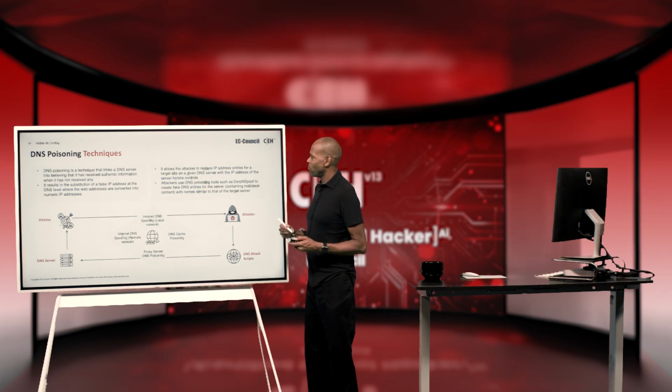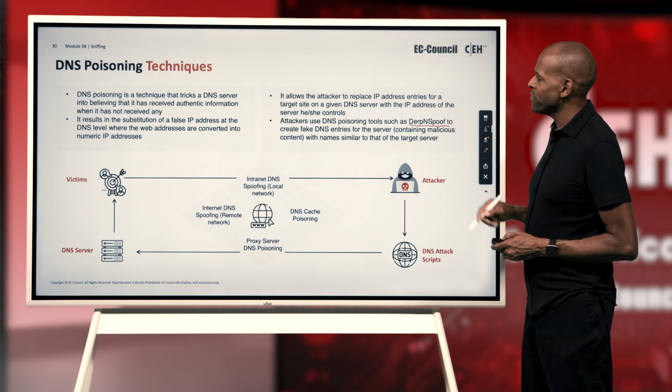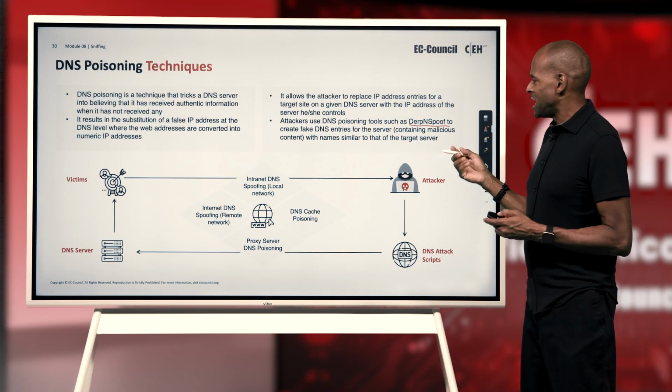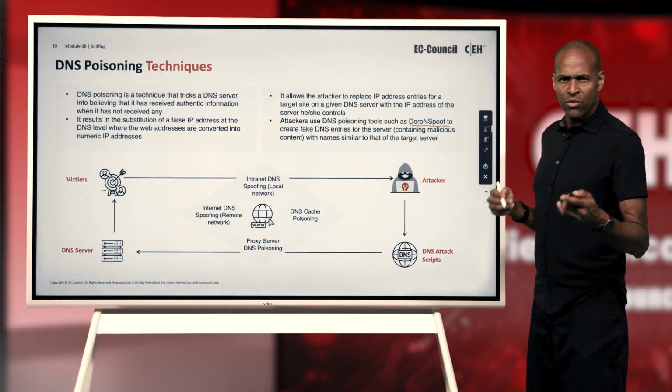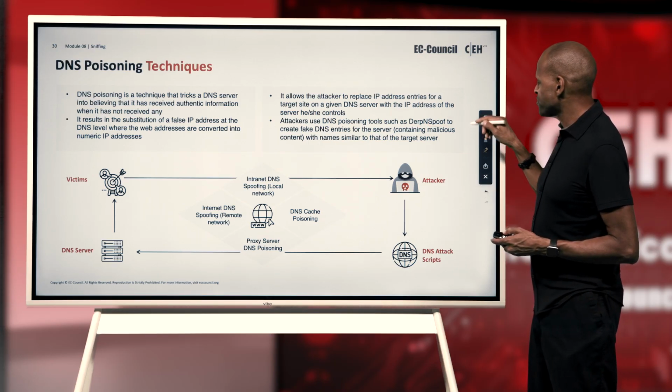And so we are able to poison it. Now, there's a really good tool for that called DNS spoof. Let's look at that, DNS spoof. You can create fake DNS entries and redirect that query to the wrong location.